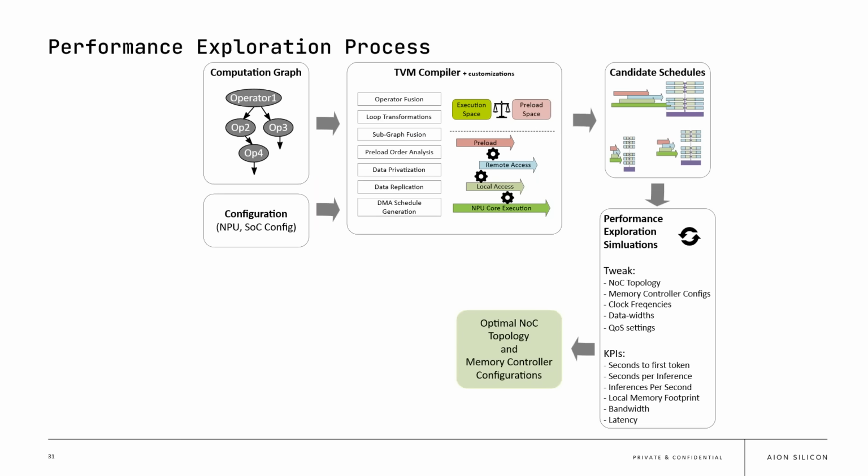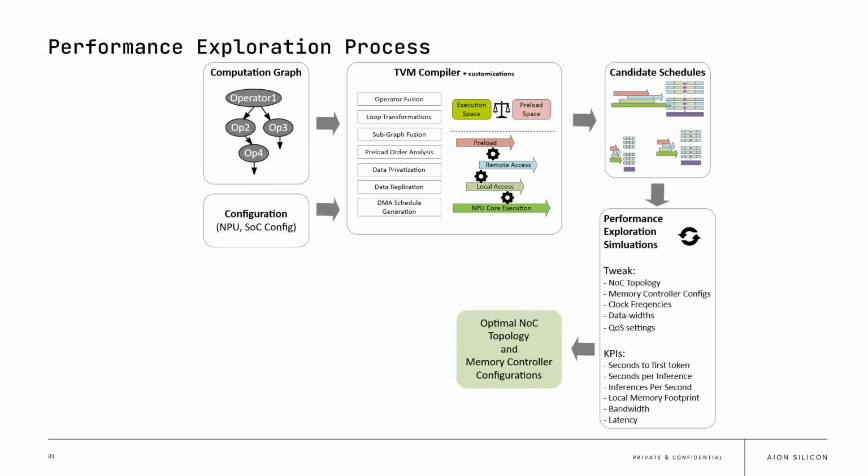And then finally, you want to understand which of these schedules is the best one to choose from, and how do these schedules have an impact on your NoC topology. So you want to tweak your NoC topology, your memory controller configurations, clock frequencies, data widths, and so on, QoS settings, in order to satisfy the KPIs for the candidate schedule.